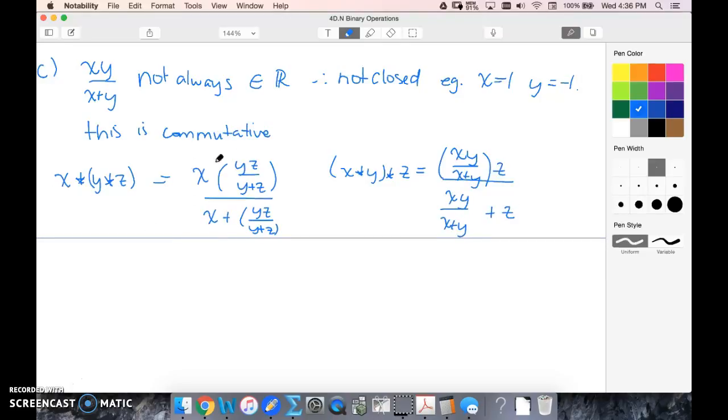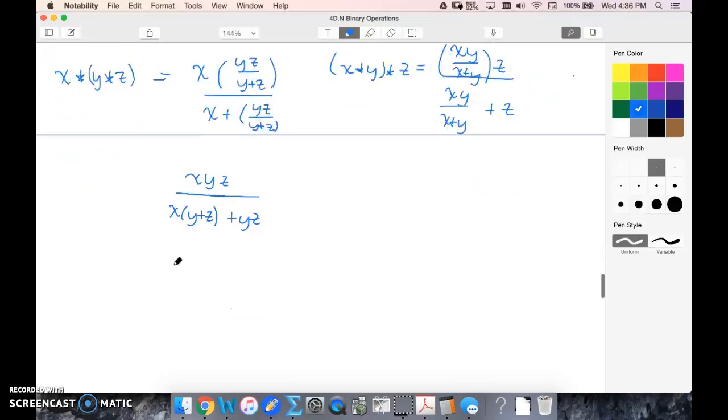All right, let's look at this left-hand side, simplifying it out. I'm going to multiply top and bottom by y plus z. So I'm going to get xyz on the top. On the bottom, I'm going to get x times (y plus z) plus yz. So that's going to give me xyz over xy plus xz plus yz. All right, looking at this side, multiply top and bottom by x plus y.